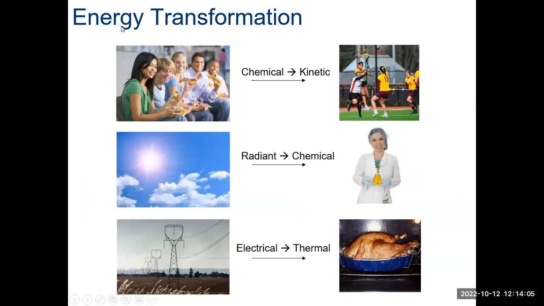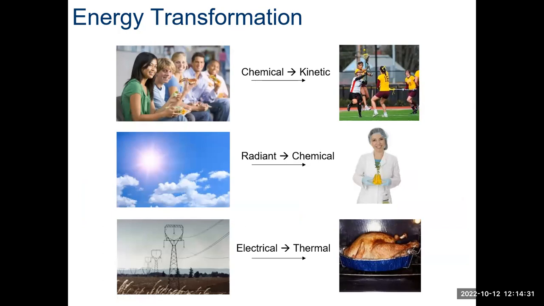Okay, so we use energy transformation. Take a look at these examples of how we use energy to transform to another type of energy. Energy transformation involves the conversion of one form of energy into another form.